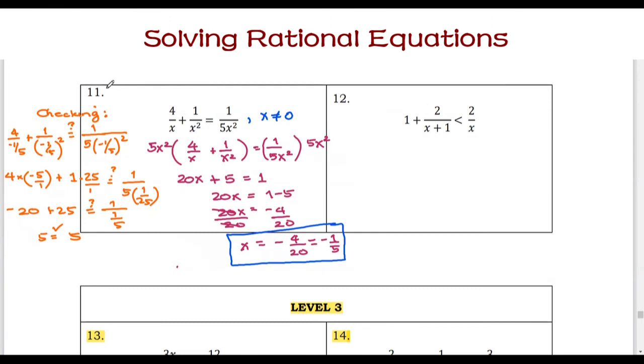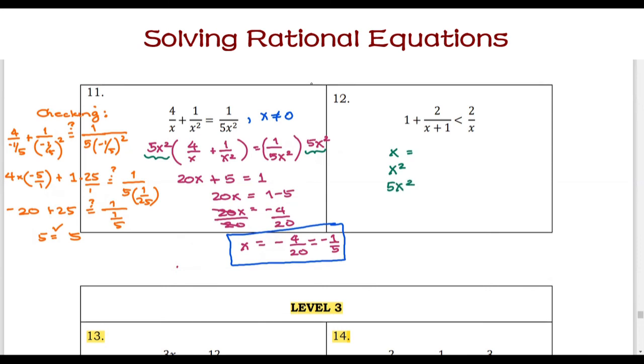And then, finally, for this number, okay, you multiply again both sides by the LCD. What is the LCD? Okay, 5x squared. Ito. Okay? Again, if you want to check, paano ulit yung method natin? Ulitin natin para masanay kayo. Ang unang denominator ay x, pangalawang denominator ay x squared, yung pangatlo ay 5x squared.